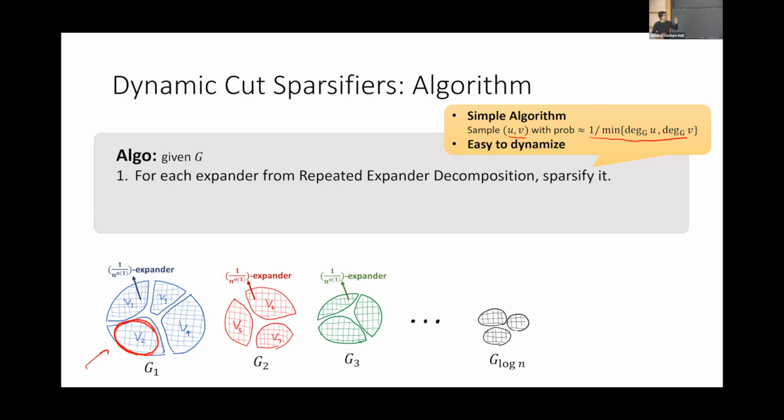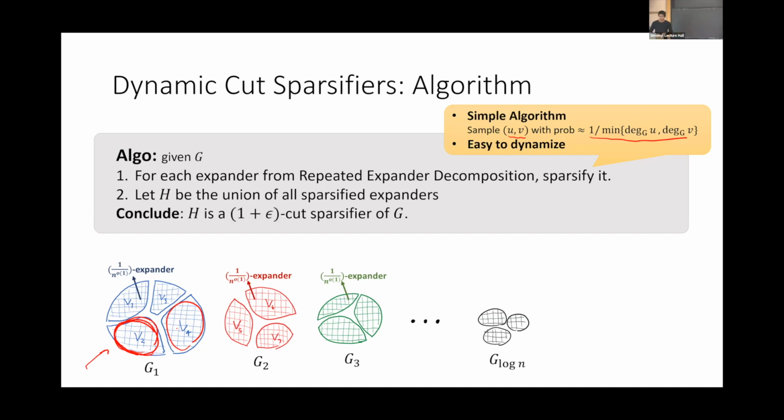So for each of the expanders, you can maintain the sparsifier. And what you need to do next is just return your H, the final output, as a union of all sparsified expanders. That's the solution.